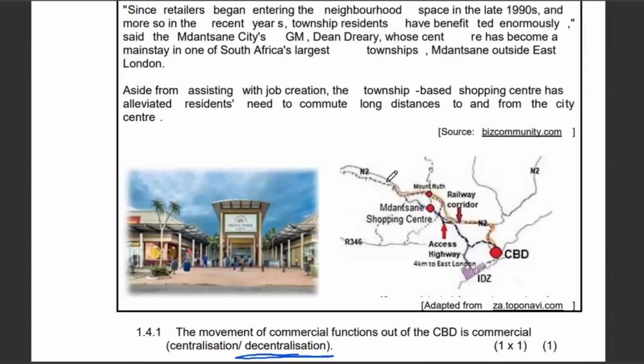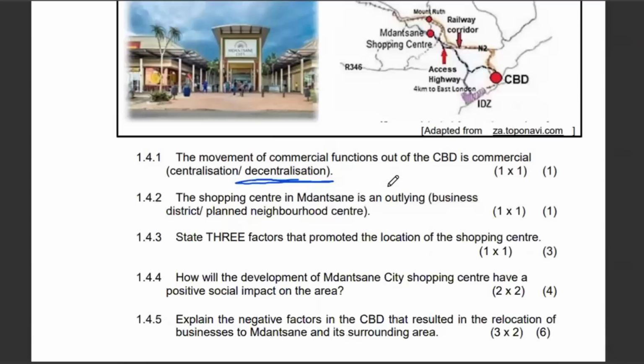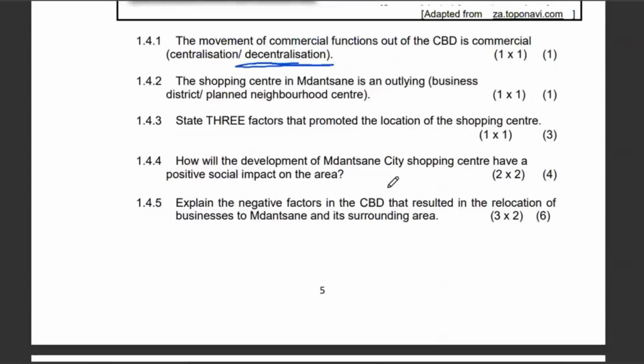So if we see here, this is a township-based shopping center. So our correct response is this is a planned neighborhood center. The shopping center is a planned neighborhood center.